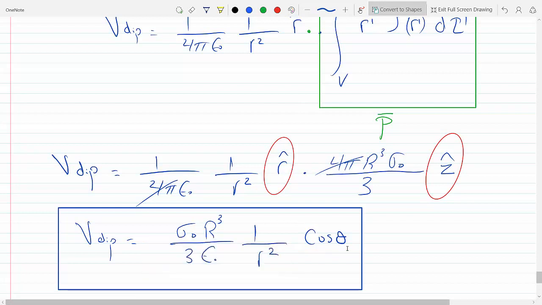Now notice in example 3.8 in the book, he did find the exact potential of a sphere with a constant surface charge density.